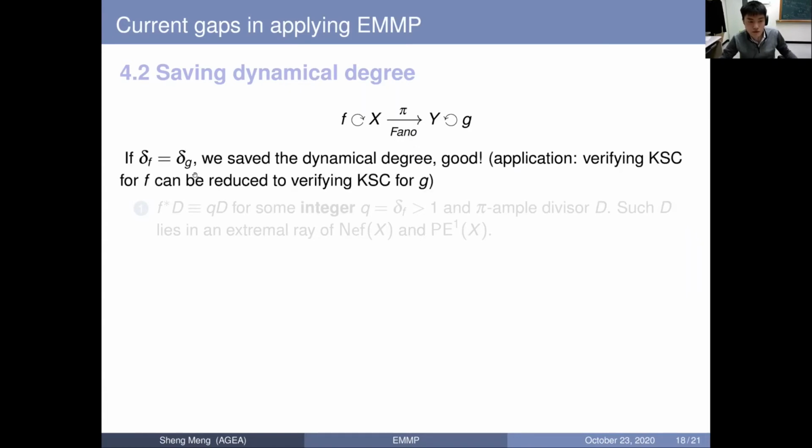If the dynamical degree delta_F equals delta_G, then we save the dynamical degree, and we say it is good. For example, we can show the KSC for F by reducing to the KSC for G, and then we show it by induction.